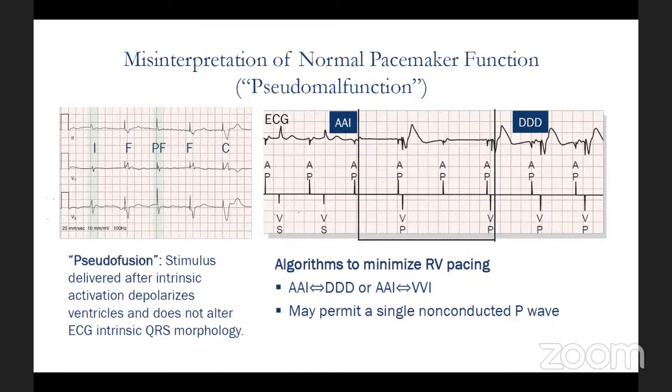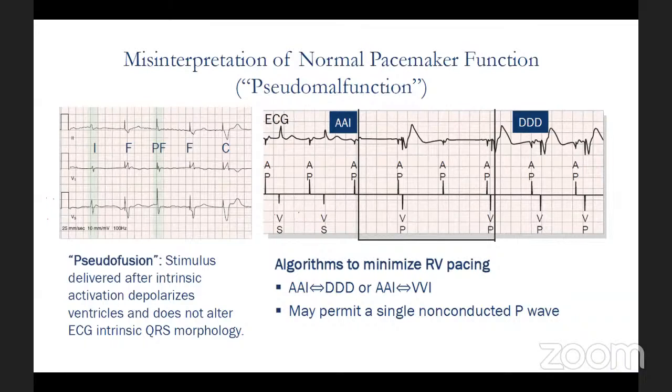This is almost a virtual AAI mode. It's an MVP mode, so it's different from your typical AAI mode, where you completely blind the ventricular channel. This is almost virtual. It's a Medtronic algorithm. So you still see the ventricle.